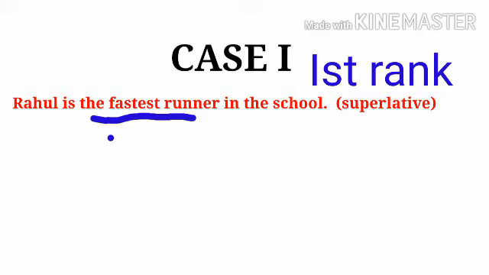Now we need to convert it into comparative and positive degree. Let's see how we can convert this one into comparative degree. Always remember, when you are converting a superlative to comparative degree, you begin with the same part of the sentence. So how will you begin it? Yes, using Rahul is. You have already learned in the lower classes that the comparative form of fastest is faster, isn't it?